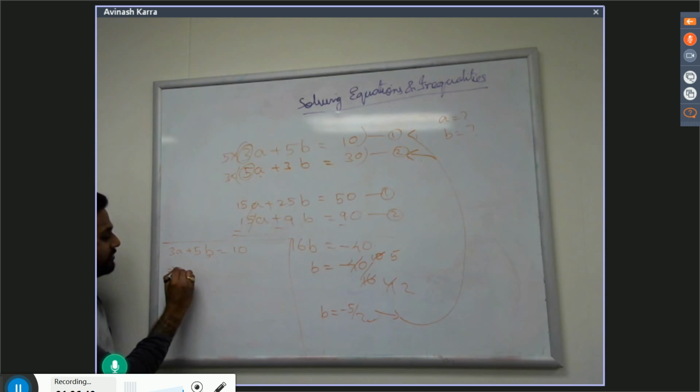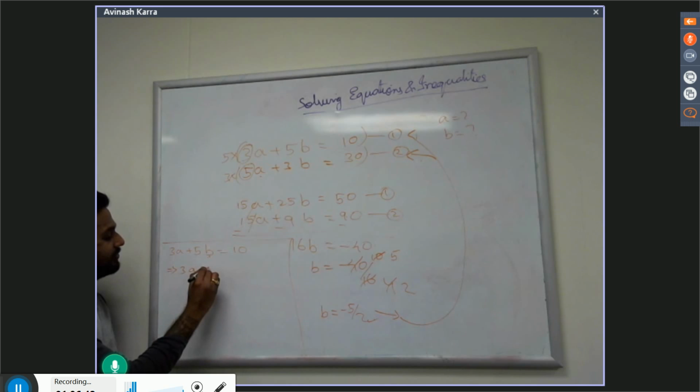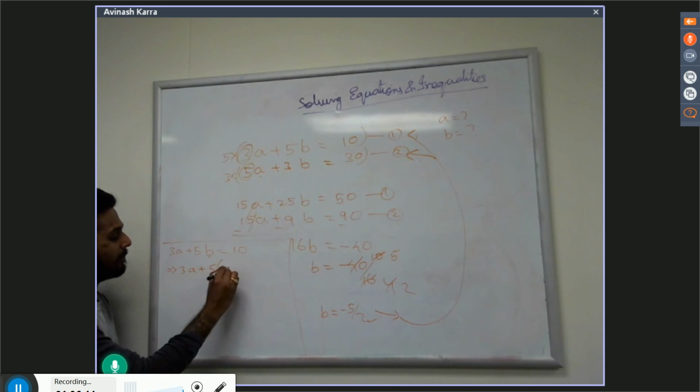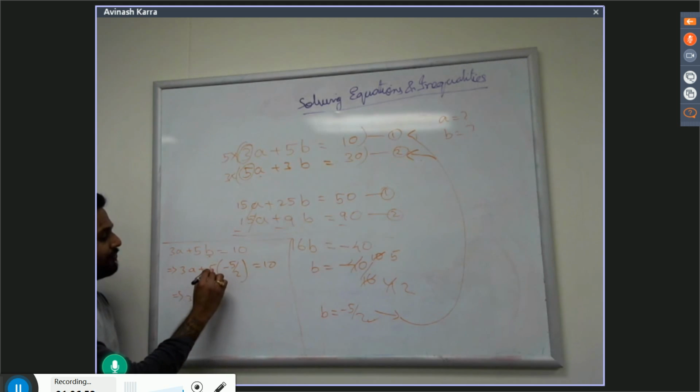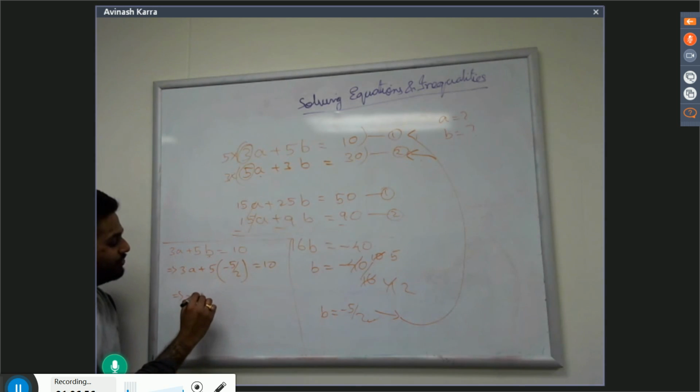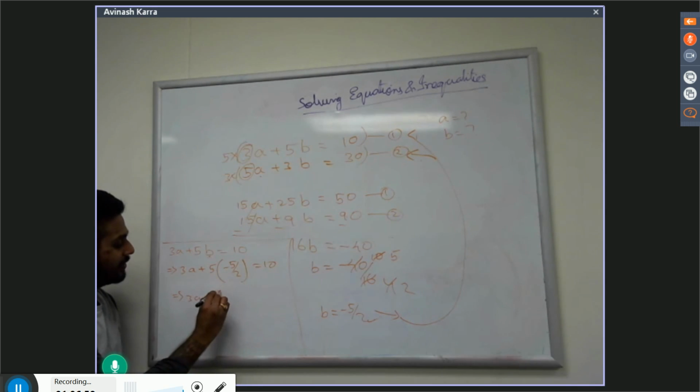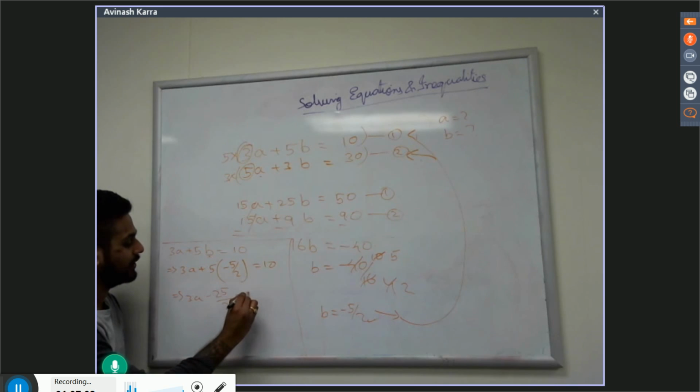So, 3a plus 5 into minus 5 by 2 is equal to 10. What will be the next step? 3a, 5 into minus 5, minus 25, minus 25 divided by 2 is equal to 10.